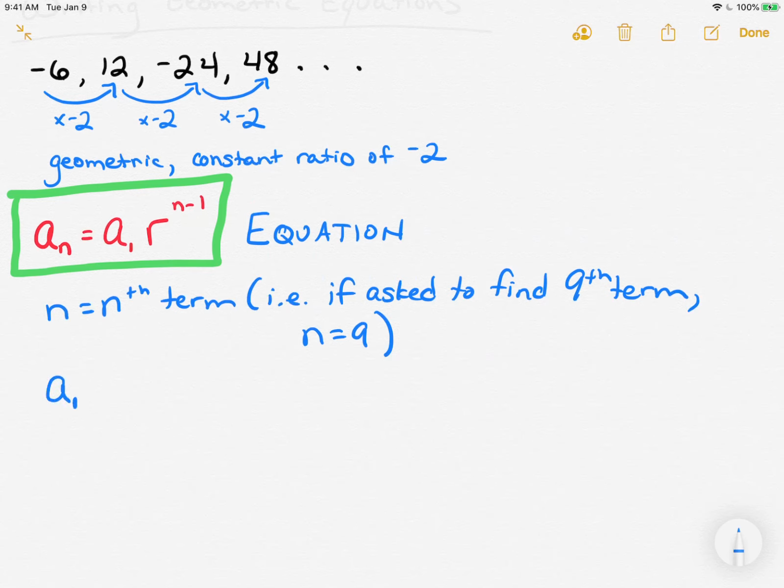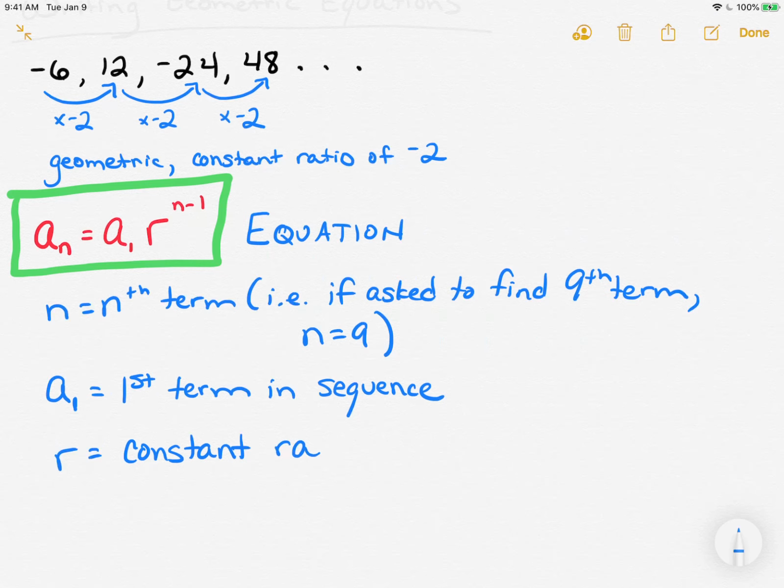A with the little 1 is the first term in the sequence. And R is the constant ratio.